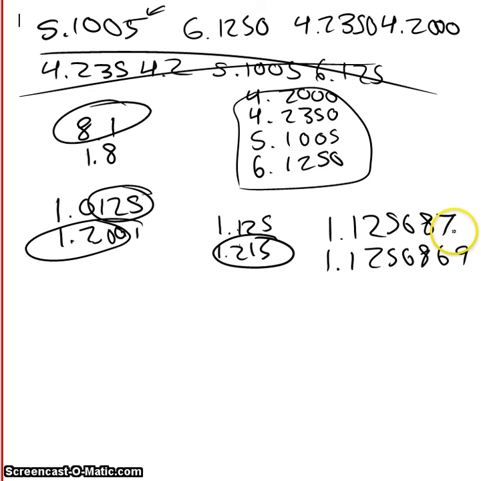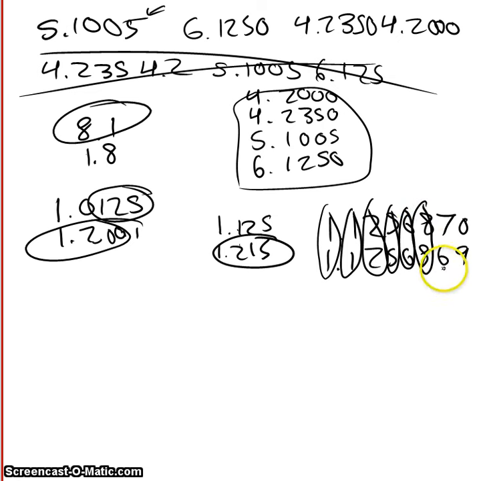Since this has one more digit, you have to add a zero. So these are the same, these are the same, these are the same, these are the same. But then there's a 7 and a 6. So the 7 is bigger than the 6, and this number is bigger.